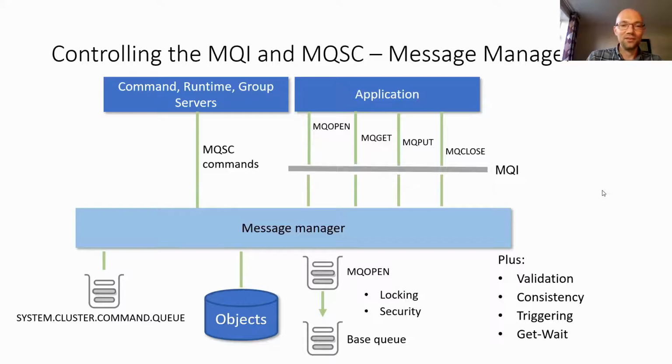So regardless of where those commands have come from, they eventually end up in the message manager, and it's the message manager's job to make sure that the updates happen to the objects. And if it needs to, if it's a cluster command, for example, it will put the message on the cluster command queue, so that it then gets processed by the right component.